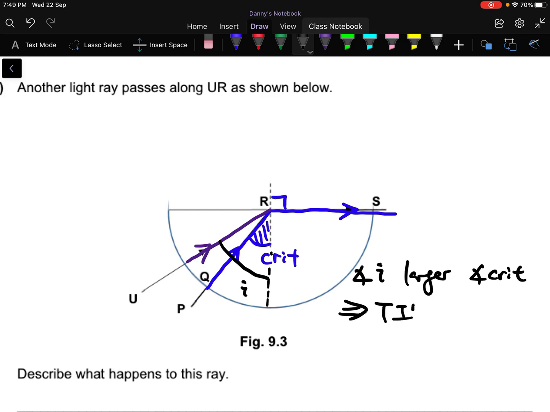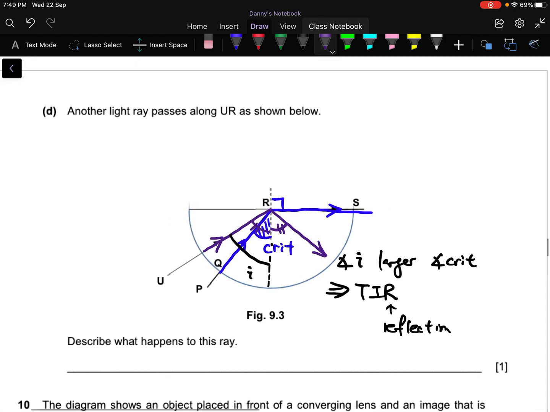And when this happens, basically you will have total internal reflection. It is like a mirror like that. So what you need to do, just reflect, all bounce back, like that. Please measure this angle and this angle, they have to be the same. Alright, so that is your light.